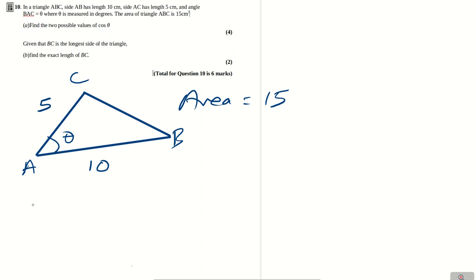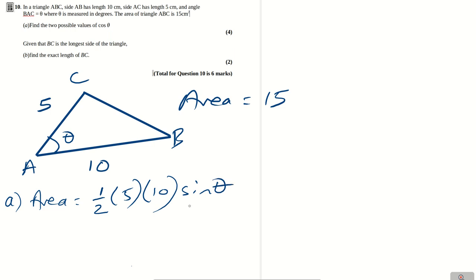Well, what you need to realise is that the area can be worked out using the formula of the half of the product of two sides times the sine of the angle in between. So the area is a half of 5 times 10 times sine of theta. But we know that's equal to 15, so we can get an equation for sine theta.